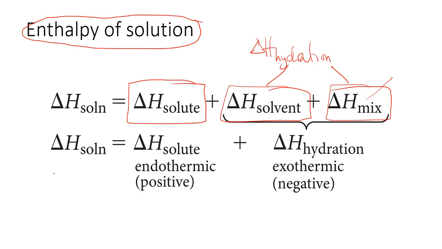For this to be exothermic, it means hydration energy should be bigger than this, because this one is always positive. So hydration energy should be bigger than this, and then we'll have a negative here. If hydration energy is smaller than this, then we'll have a positive here, and we can refer to that solution as exothermic or endothermic.